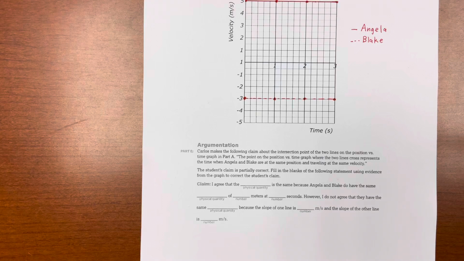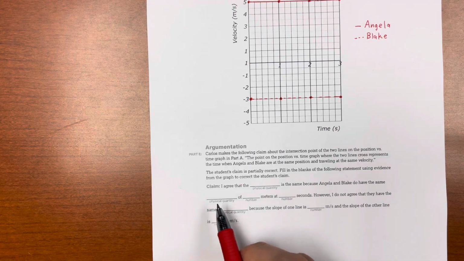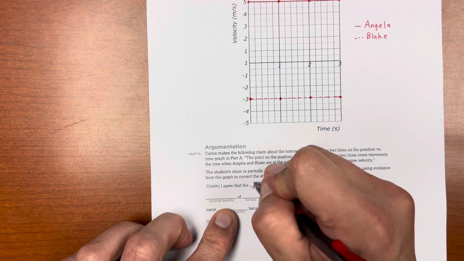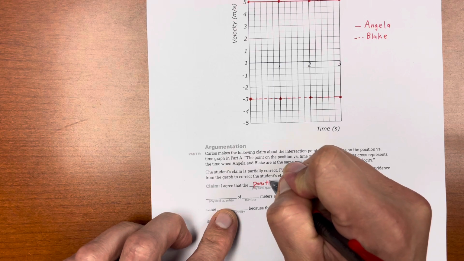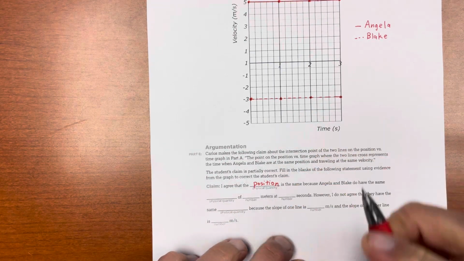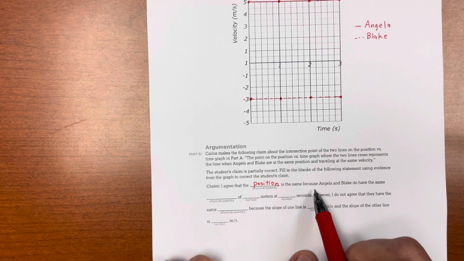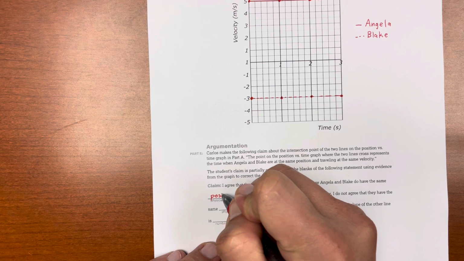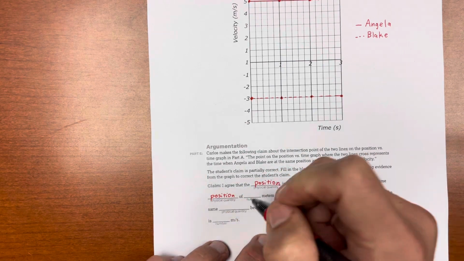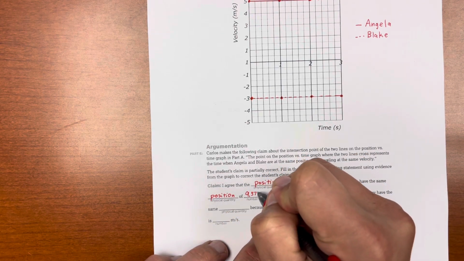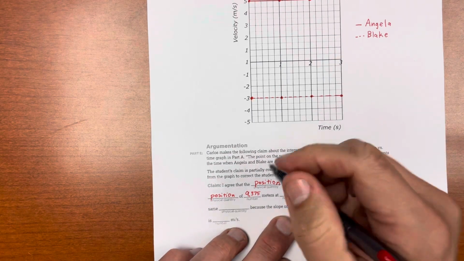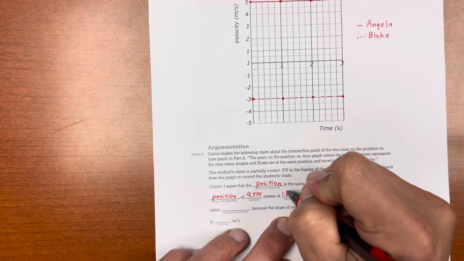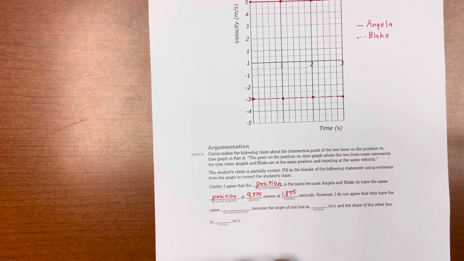All right. Lastly, the part down at the bottom here says that if you do a claim, evidence, and reasoning, the claim here is that the position is the same because Angela and Blake do have the same position at 9.375 meters, and that is at a time of 1.875 seconds.